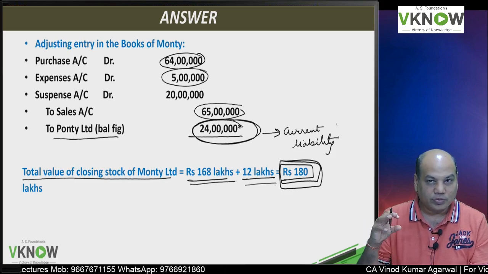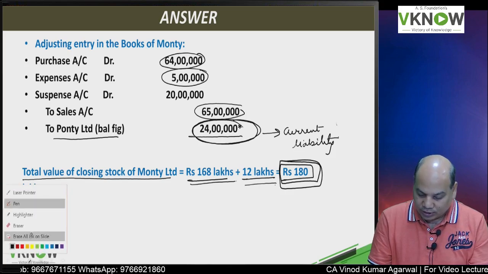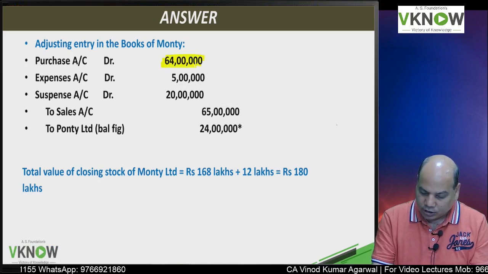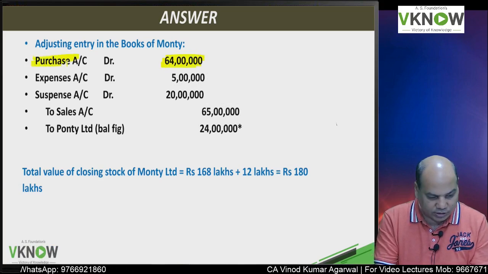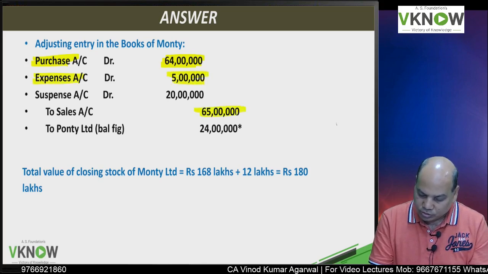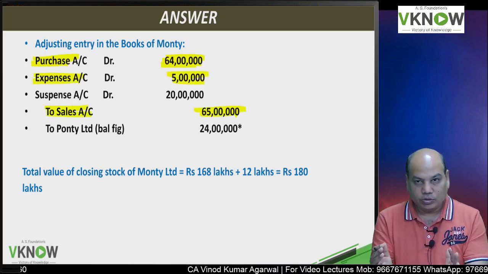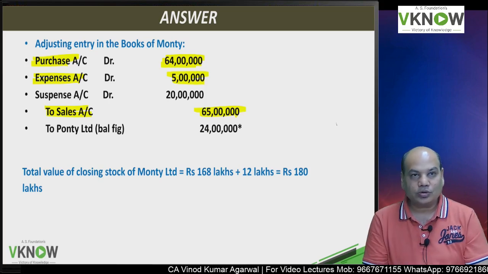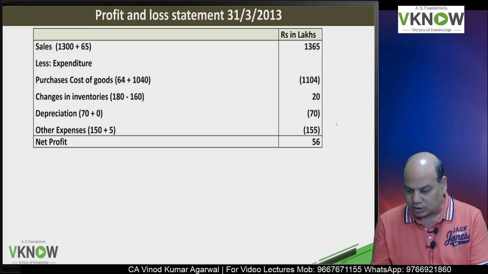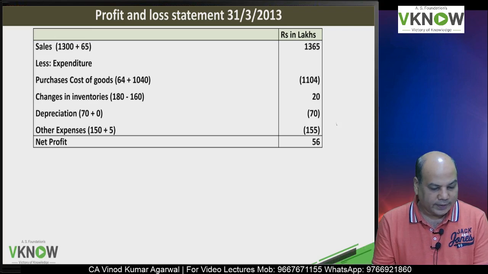So these are the items which will be written in P&L account, and we are going to add 64 lakh rupees in the purchase, we are going to add 5 lakh in expense, and we are going to add 65 lakh in the sales figure, and we are going to adjust closing stock also in the P&L account.